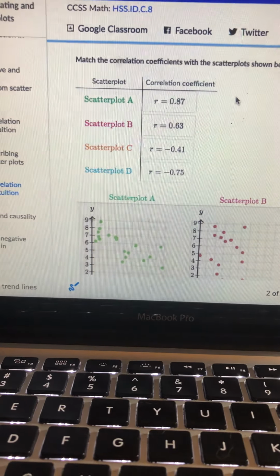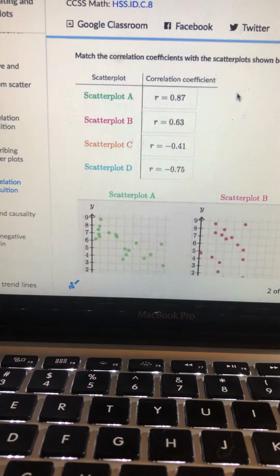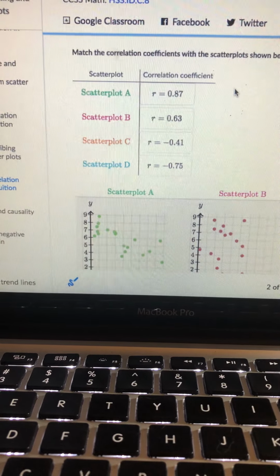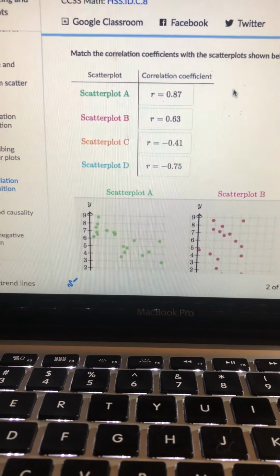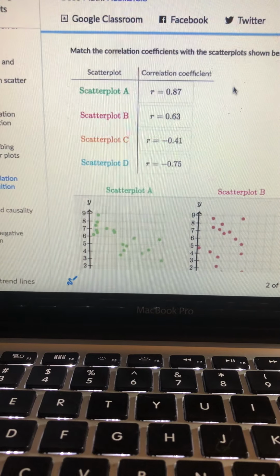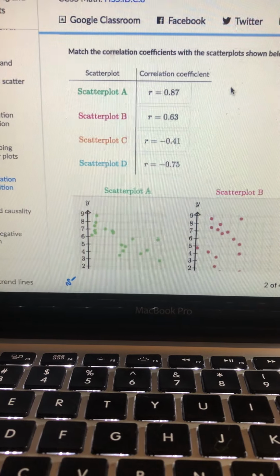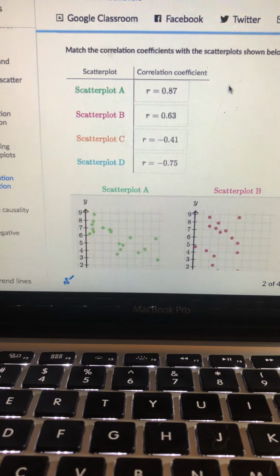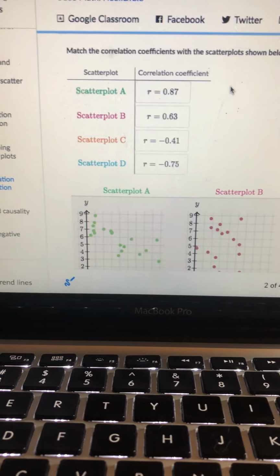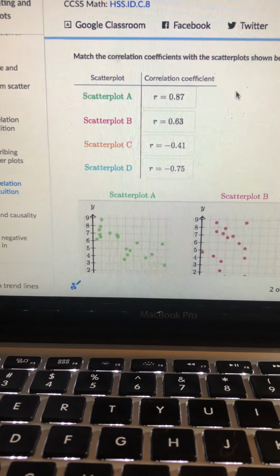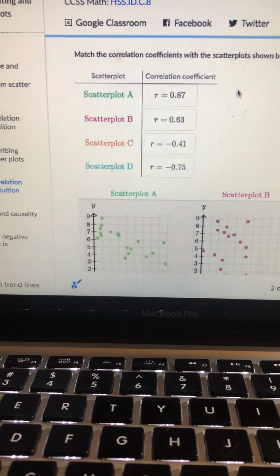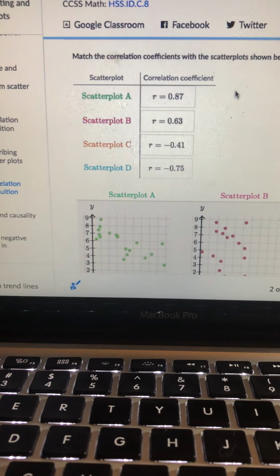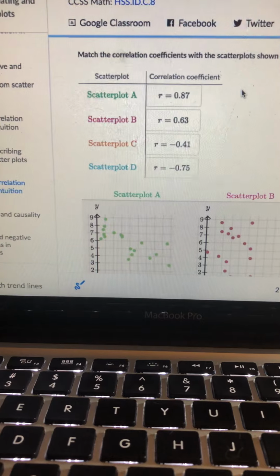The closer your data is together, the stronger it is, which makes your correlation coefficient closer to 1. If your data is increasing, in a positive direction, then your correlation coefficient will also be positive. If your data is decreasing, in a negative direction, then your correlation coefficient will also be negative. In that case, you're looking for a correlation coefficient closer to -1 if it has a stronger correlation.